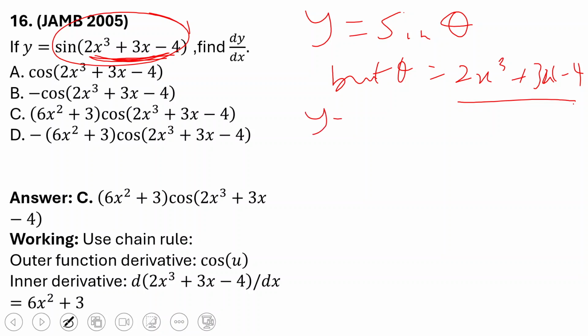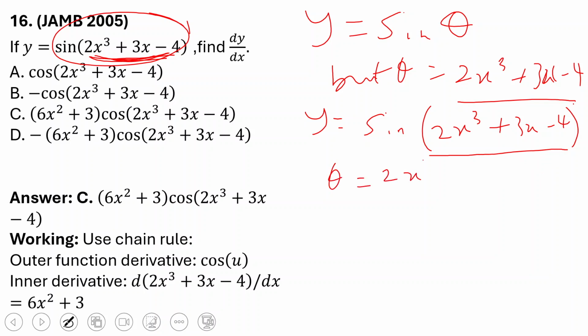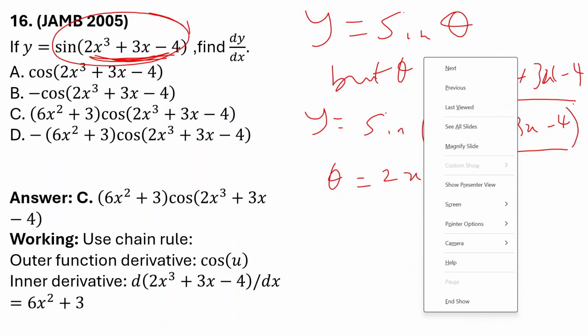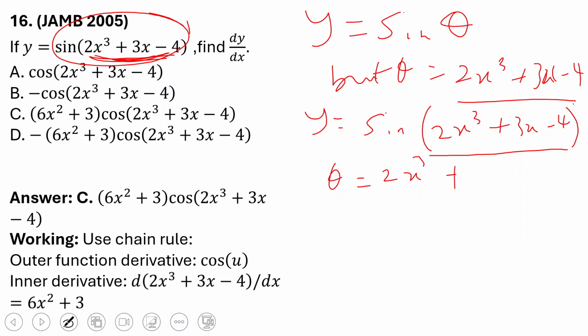Again, I'm having y is equal to sine of (2x cubed plus 3x minus 4). So I now know that this is a function. Let's call this function theta. So theta is equal to 2x cubed plus 3x minus 4. That's the first function. The second function is y is equal to sine theta.